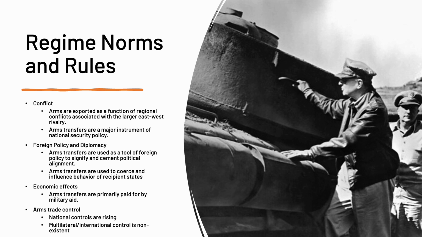Arms transfers are also being used at this point in time to coerce and influence the behavior of the recipient states. So when we look at conflicts which are going on, we're seeing the first instance in which countries are beginning to withhold arms or ship more arms to exacerbate or change that country's behavior in war, or even to coerce domestic political behavior in an importing state.